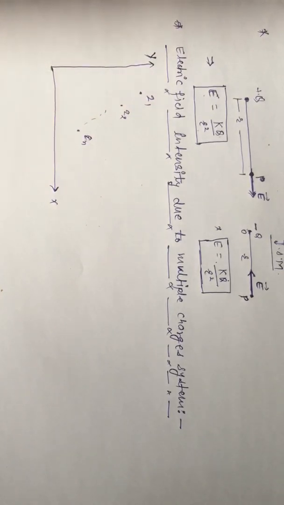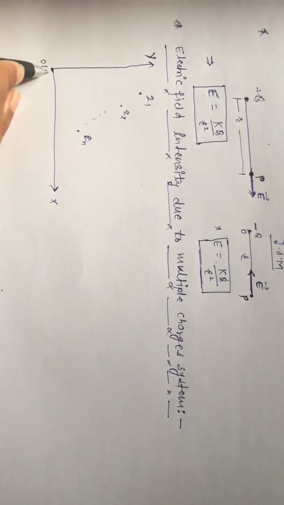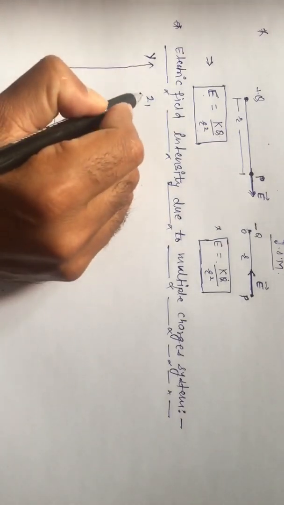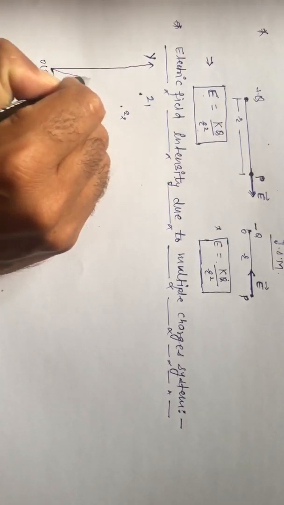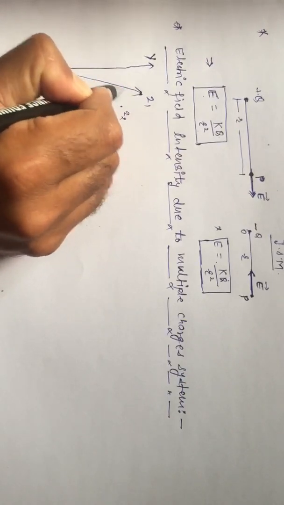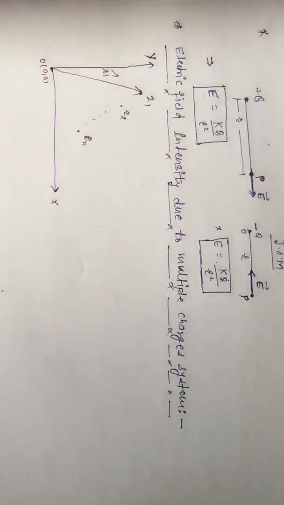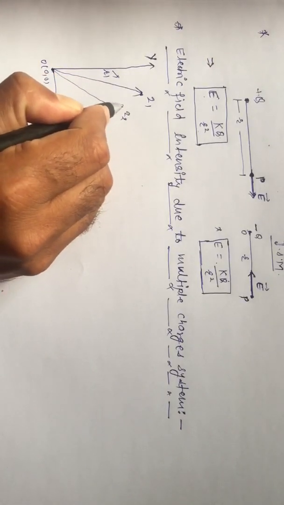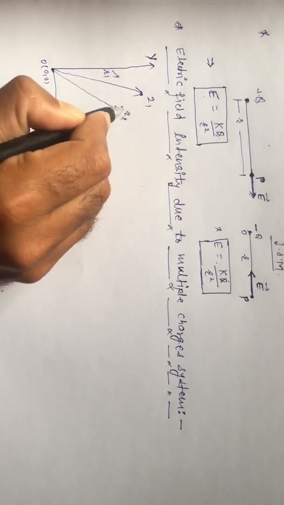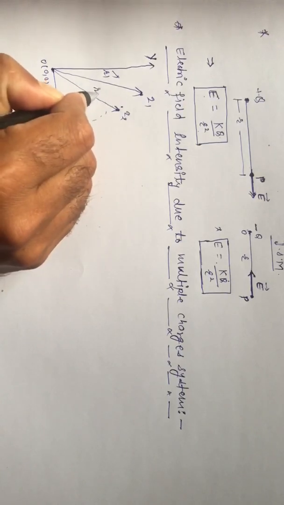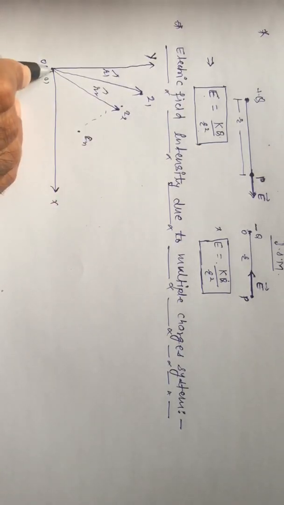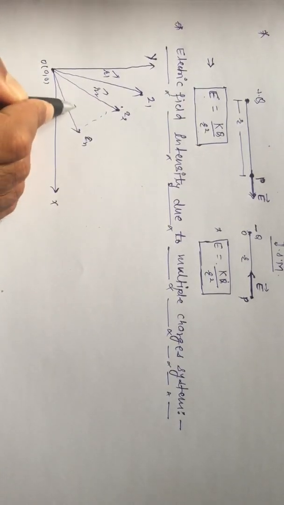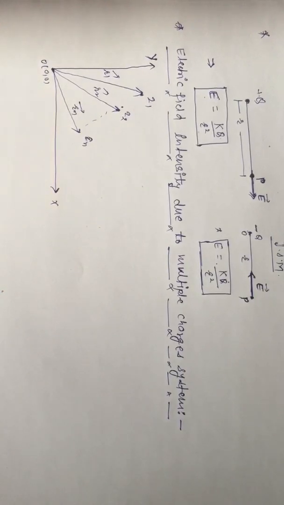This is the origin, which has the coordinates 0, 0. This q1 point charge has the position vector r1 vector. This q2 charge has the position vector r2 vector, and this qn charge has the position vector rn vector.